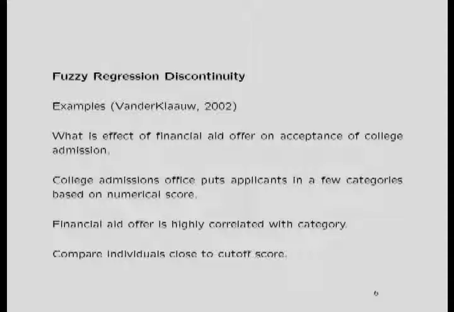And so the insight he brought to this study is that the financial aid procedure has a lot of structure on it. Instead of just looking at the overall application and then deciding on the financial aid offer, it's streamlined by first putting the applicants in a couple of categories.